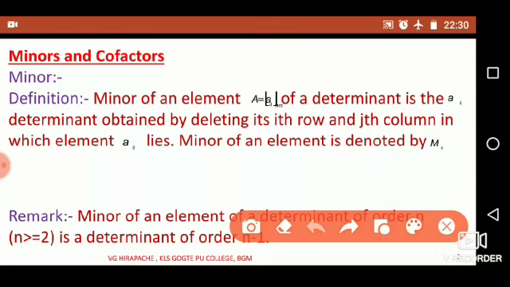The minor of an element Aij of a determinant is the determinant obtained by deleting its ith row and jth column, in which the element Aij lies. The minor of an element is denoted by the notation capital M, suffix ij. Dear students, here is an important remark.